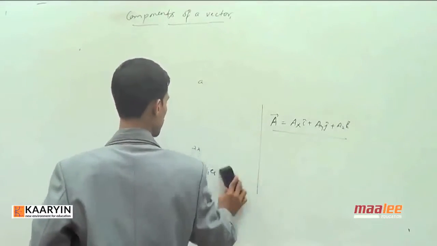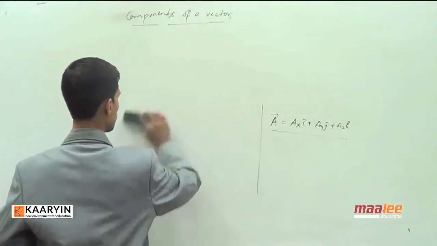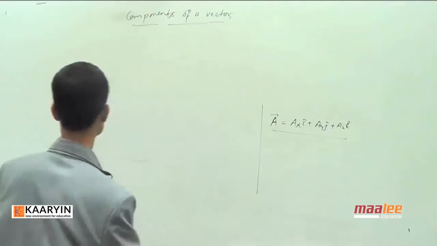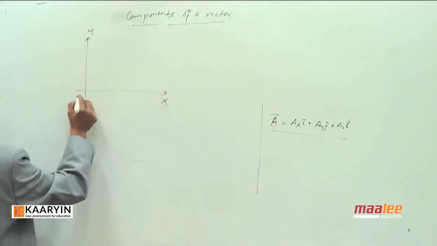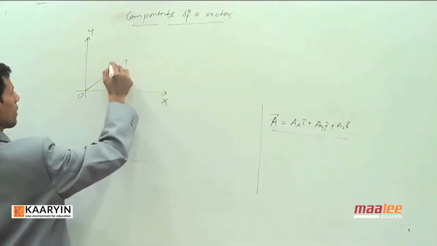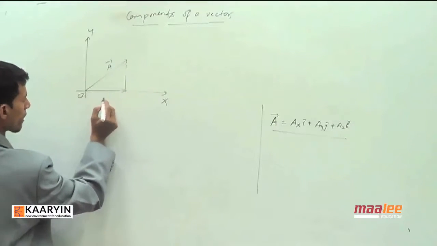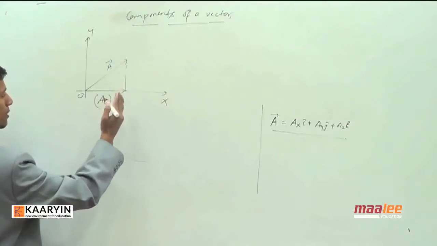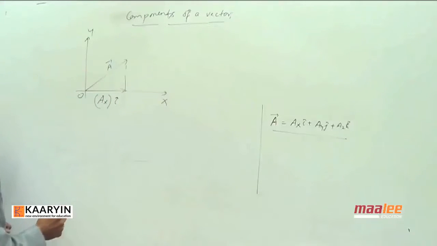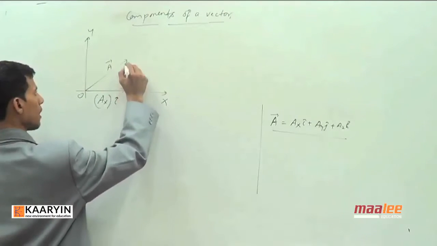We have the x axis, y axis, and this was my vector A. I will draw the perpendicular. So this now becomes the vector Ax i cap, and the head is towards the right side.